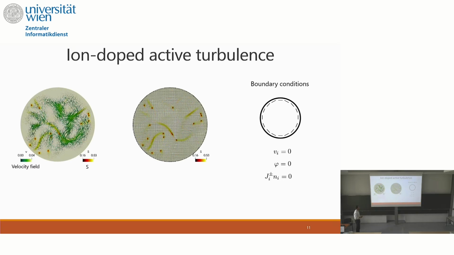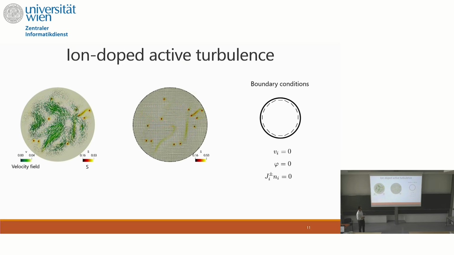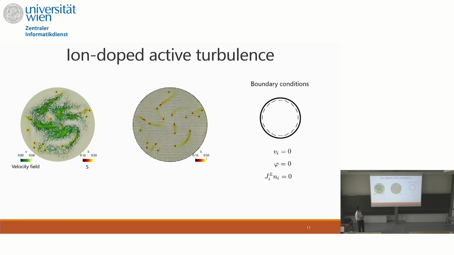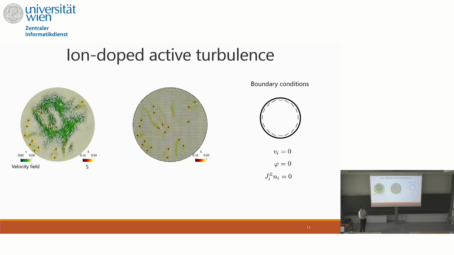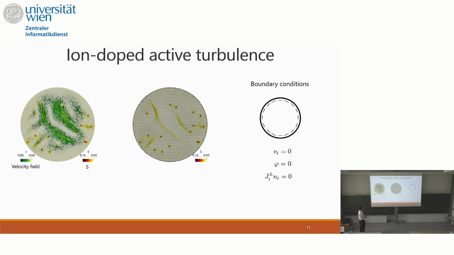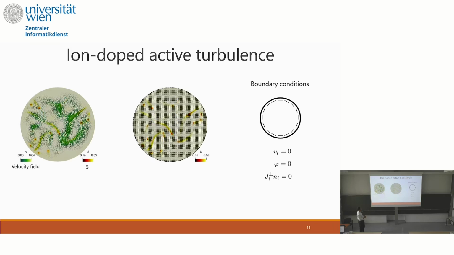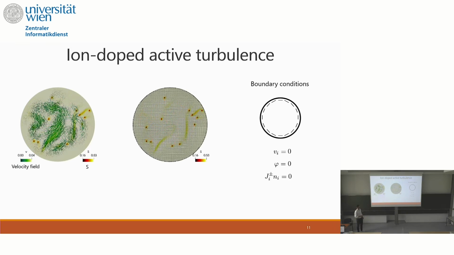Okay, so here are the results. With the green arrows, I'm representing the velocity field in such a system, and with the color map, I'm representing the nematic order. When there is a decrease in nematic order, we know that there is a topological defect. So these dots are the topological defects. Above this nematic order, I'm plotting also the director field.